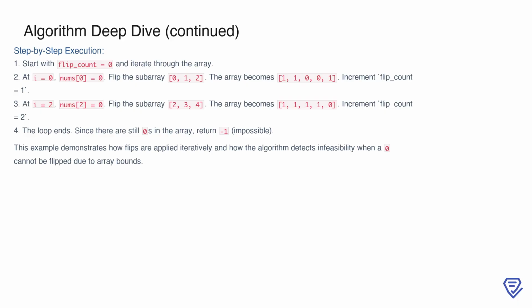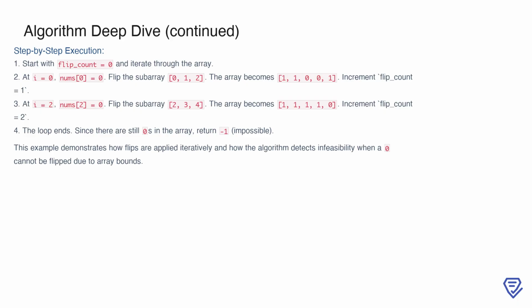The array now becomes 1, 1, 1, 1, 0, and flip_count increases to 2. At this point, the loop ends. However, the array still contains a 0 at index 4, which cannot be flipped because it falls outside the bounds of any valid subarray. As a result, it's impossible to make all elements 1, so the algorithm returns -1.